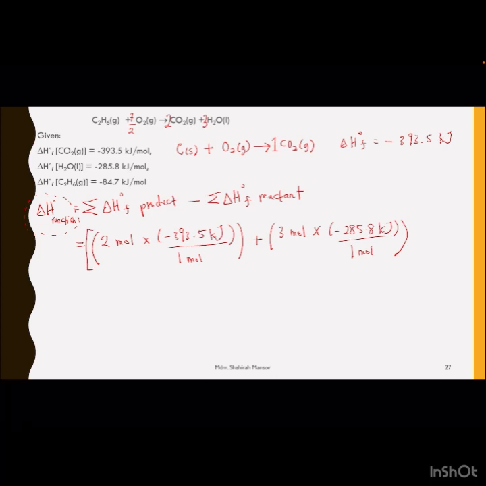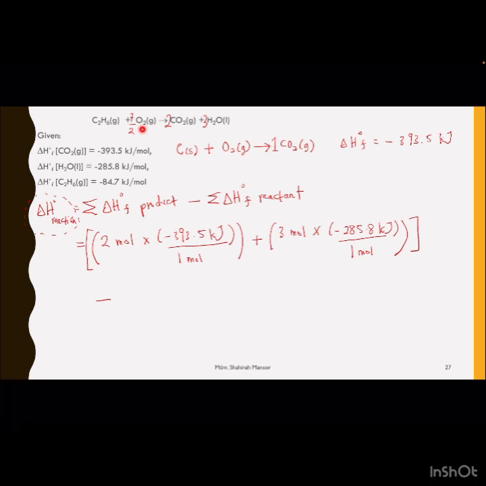So we have finished with our products. Now we are going to minus the reactants. In the reactants, we only have the enthalpy of formation value for this substance, and the question does not give you any information regarding oxygen. Why? Because oxygen exists naturally in nature, so the enthalpy of formation value for oxygen will be 0.